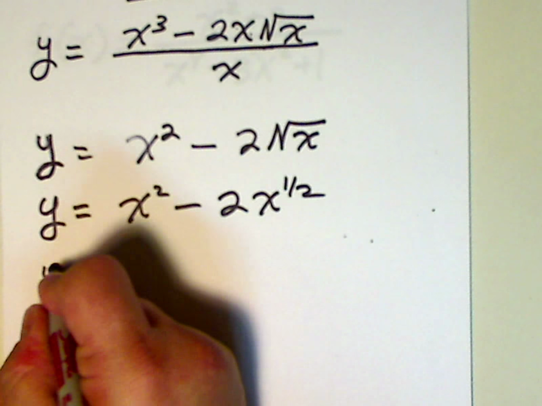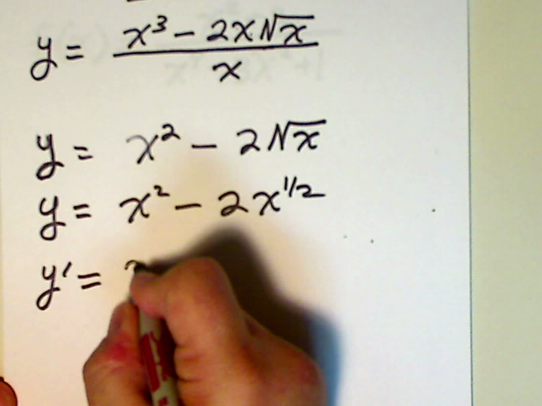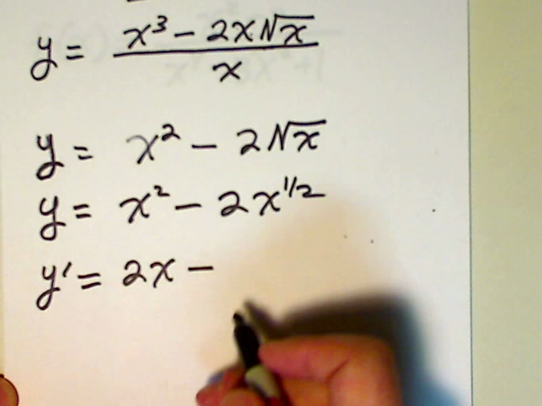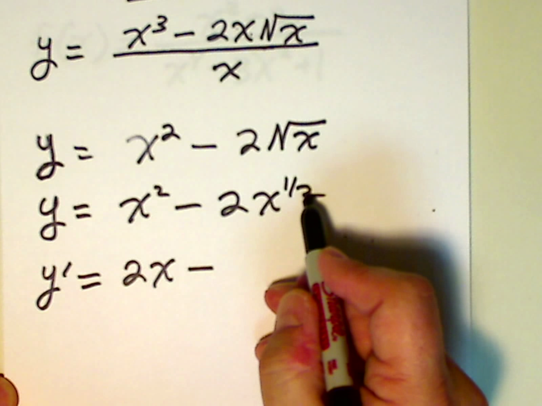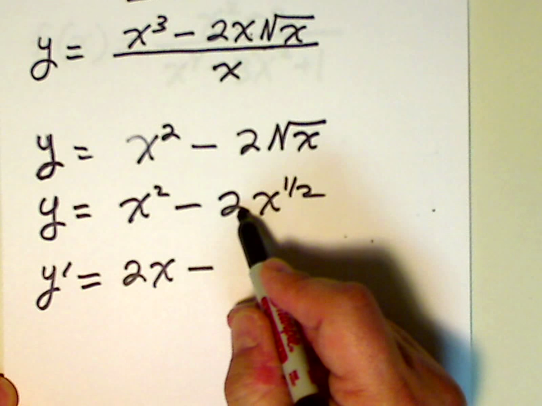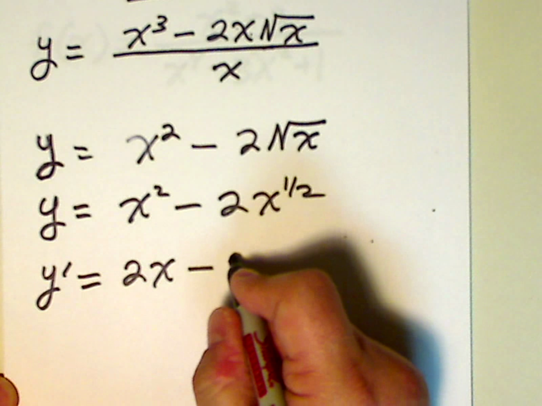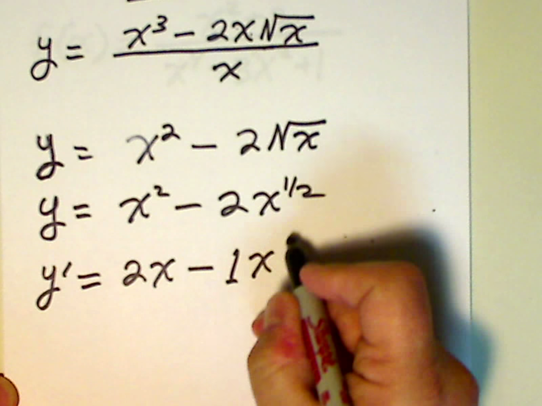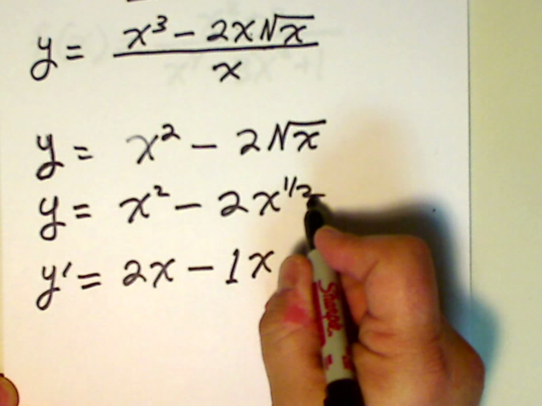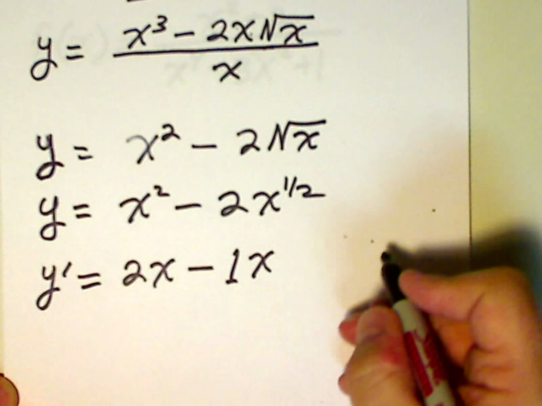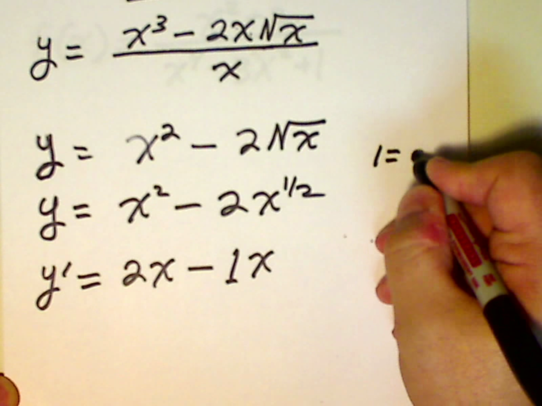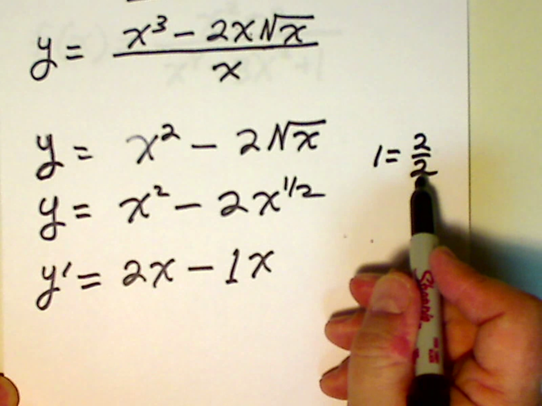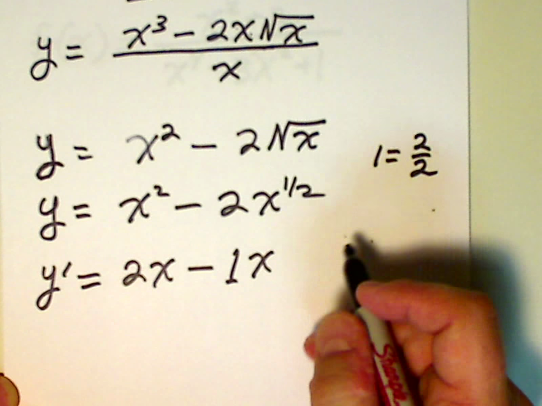So now y prime is 2x, right? The derivative of x squared is 2x, minus, and here we're going to take a half and multiply it by 2, and that's 1. I'll just put it out here for now. Times x, and we're going to subtract 1 from the half, and remember that 1 equals 2 over 2, so 1 over 2 minus 2 over 2 is negative 1 over 2.